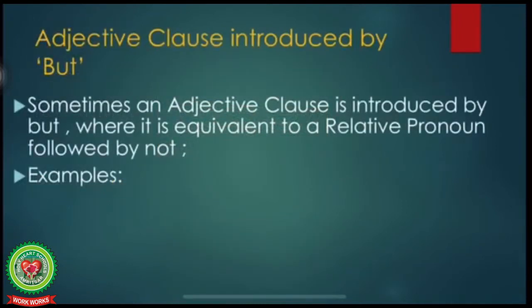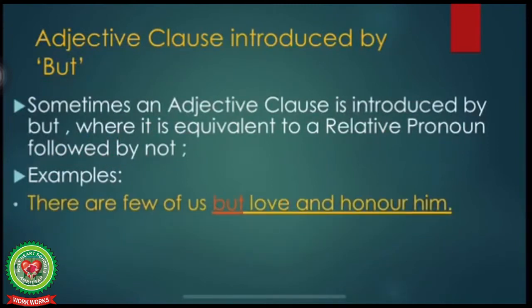Now students, sometimes adjective clauses begin with the conjunction but. So sometimes an adjective clause is introduced by but, where it is equivalent to a relative pronoun followed by not. For example, there are few of us but love and honor him.